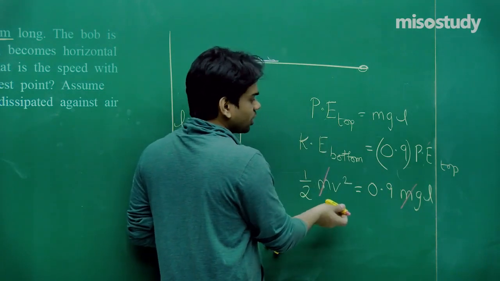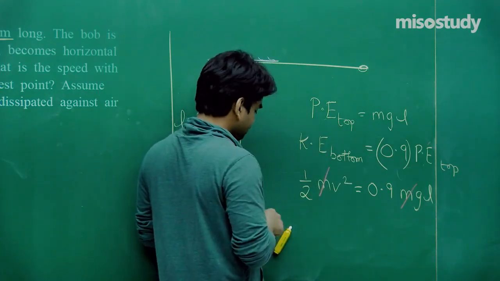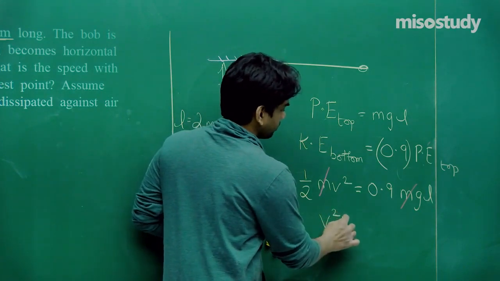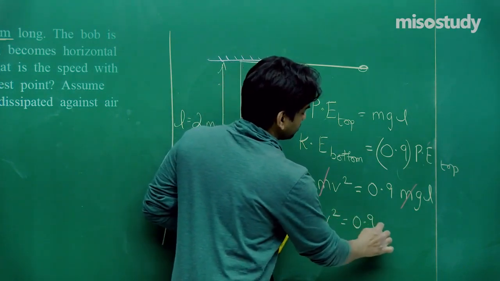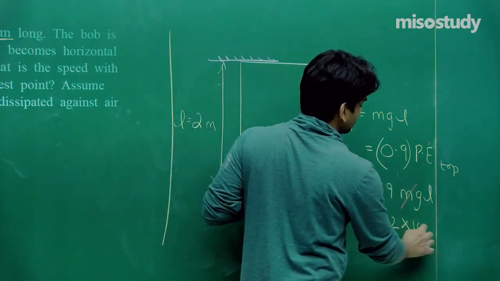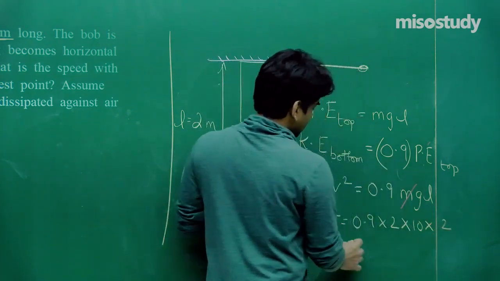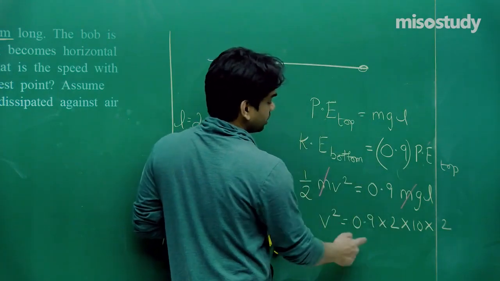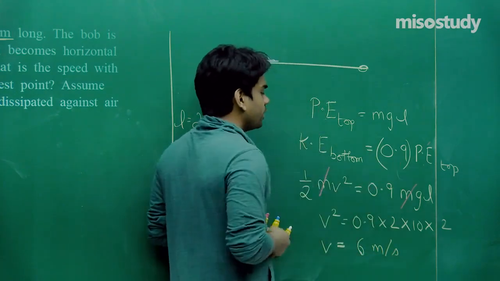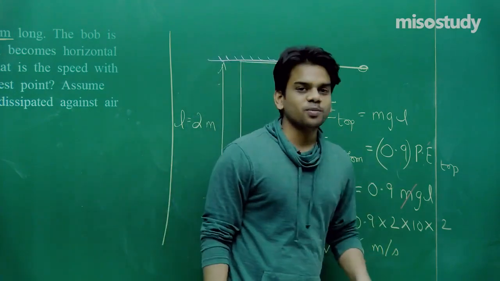Now easily you can solve for the value of v square. V square comes out to be 0.9 into 2, this 2 has gone here, g into l, g is 10, l is 2 again. You can see that v will come out to be 3 into 2, 6 meter per second. Solve it, you will be getting v as 6 meter per second.